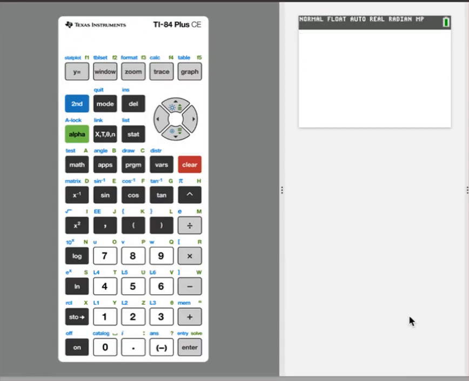All right, so let's see how to do this with the calculator. Again, the first thing I will do is calculate the mean of the distribution.